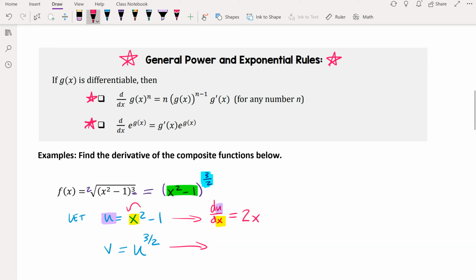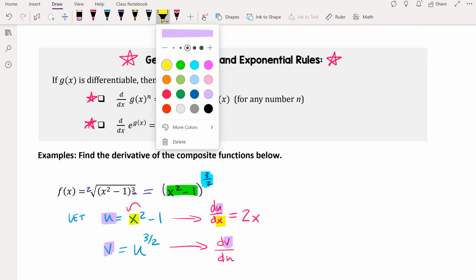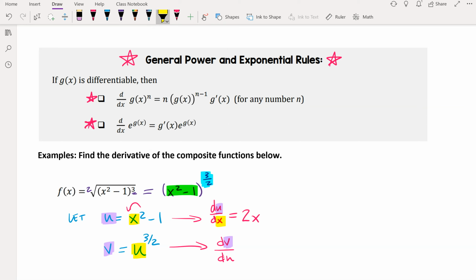Now we're going to take the derivative of this next, the bottom piece, v. We're going to take the derivative of v with respect to what variable? With respect to u, because v is this variable and u is the variable that v is dependent on. So now let's take that derivative really quick. We get, use the power rule, 3/2 u to the 3/2 minus 1.